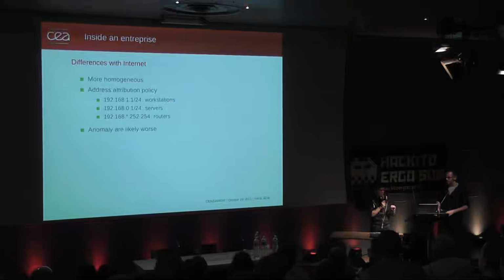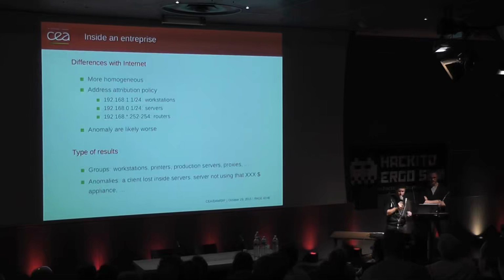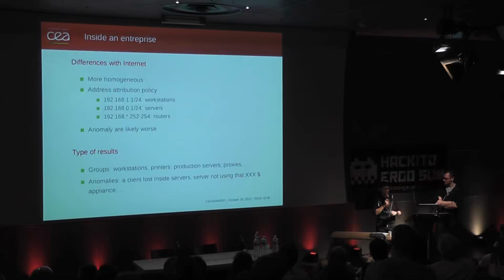So when you have an anomaly, it might be very interesting. You have a server or workstation which is different from what we have in the whole enterprise. So this is not normal. This is maybe the hacker who is already here.